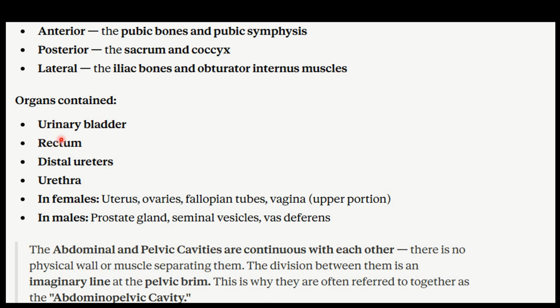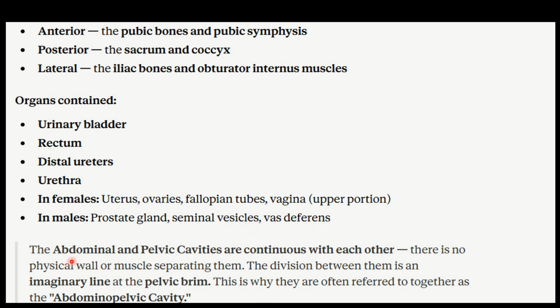As for the organs, it contains the urinary bladder, rectum, and distal urethra; in females, the uterus, ovaries, fallopian tubes, and vagina; and in males, the prostate gland, seminal vesicles, and vas deferens.